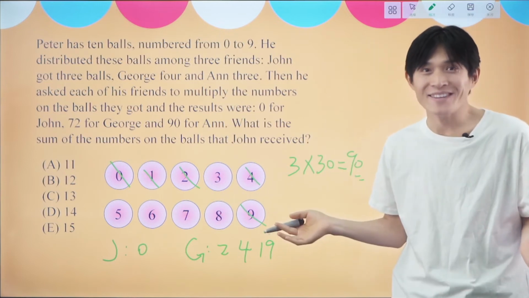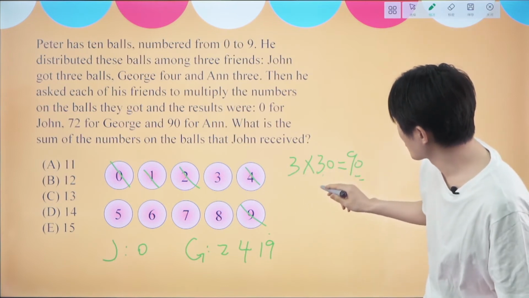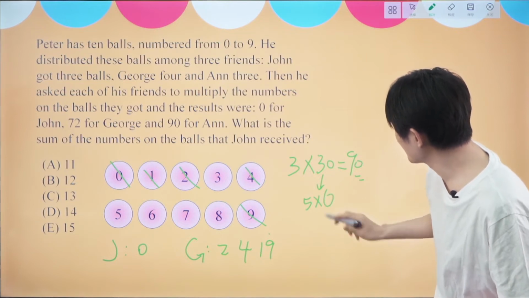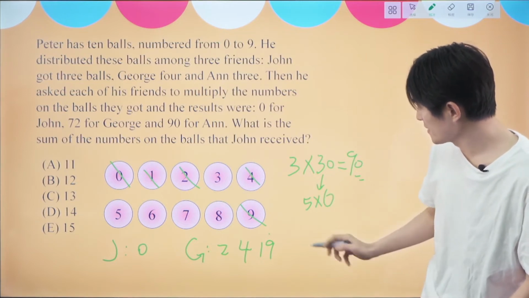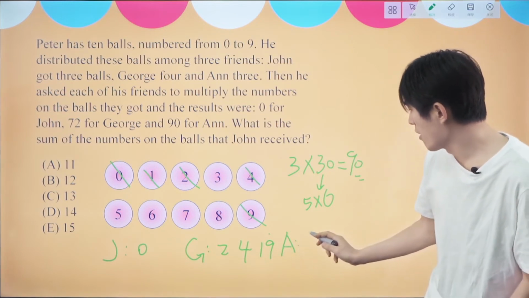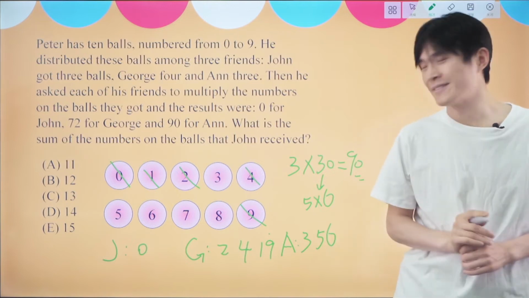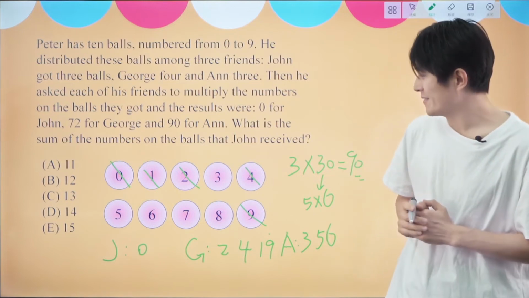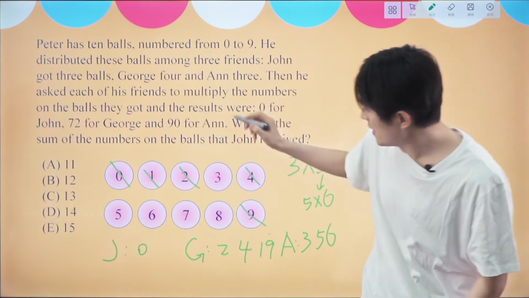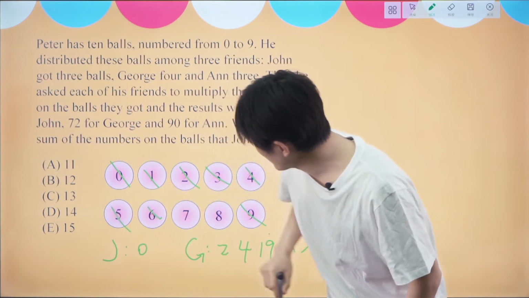It's obvious. 5 times 6 is 30. This means for Anne, we will have 3, 5, 6. 3 numbers for Anne. So bye-bye 3, bye-bye 5, bye-bye 6.